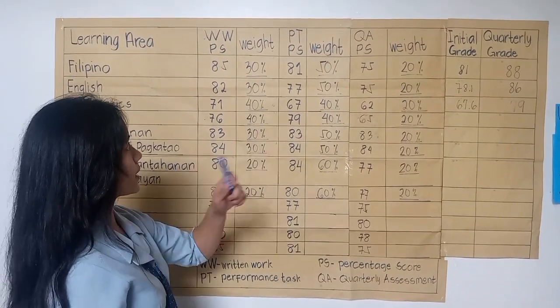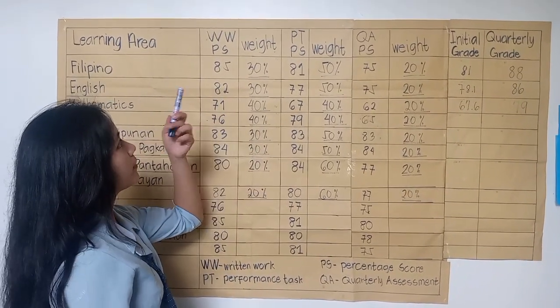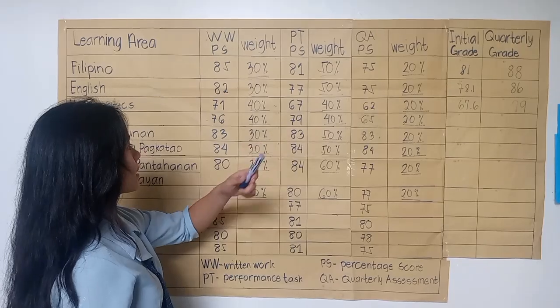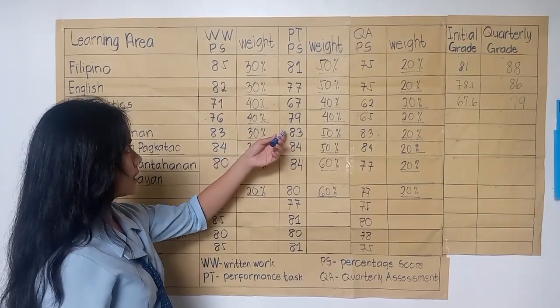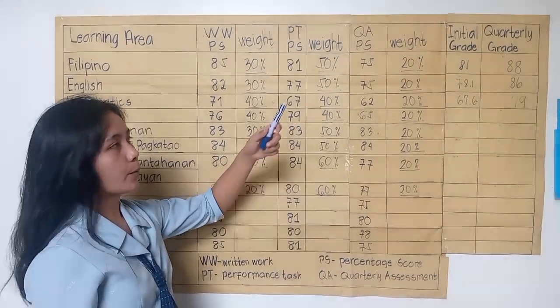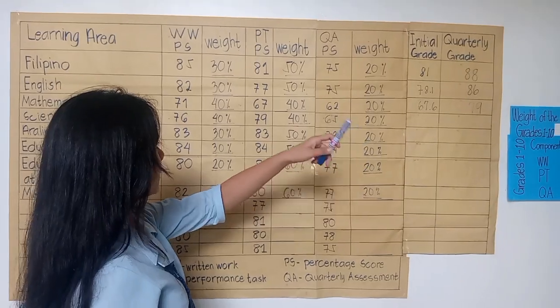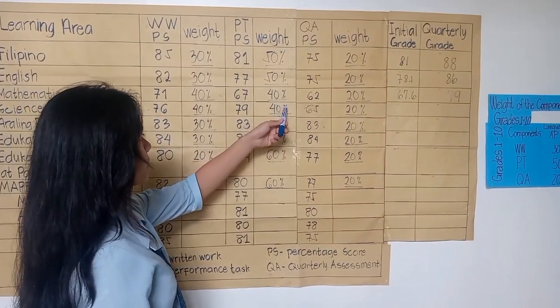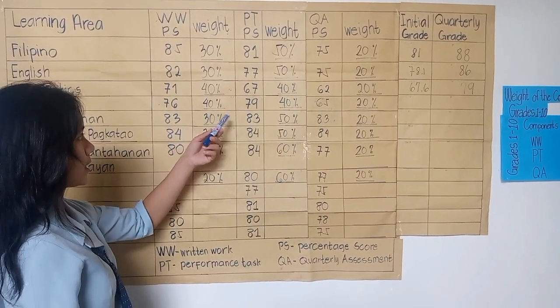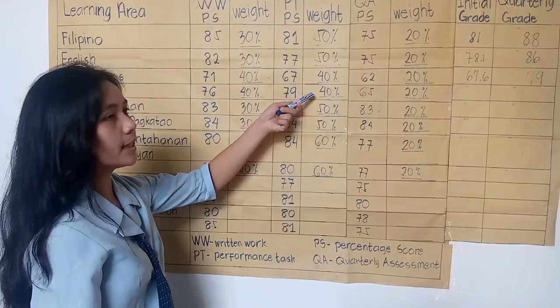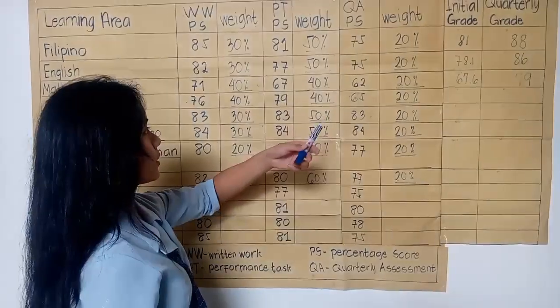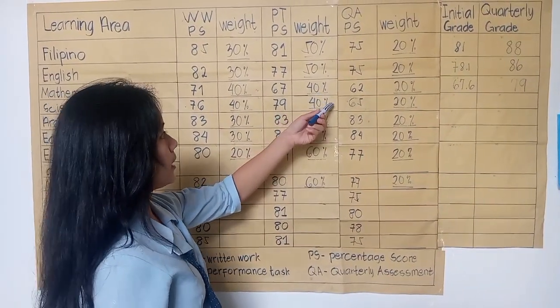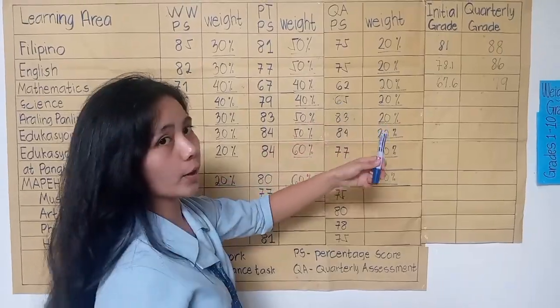Next is the percentage score of performance task, 79. And the weight of component is 40%. To get the weighted score, multiply 79 times 40%. So it equals 31.6.